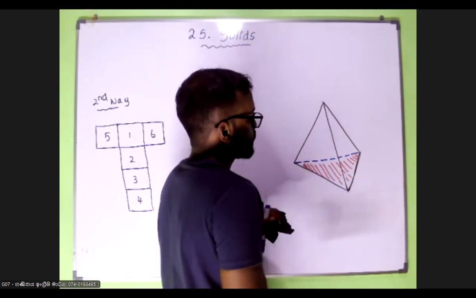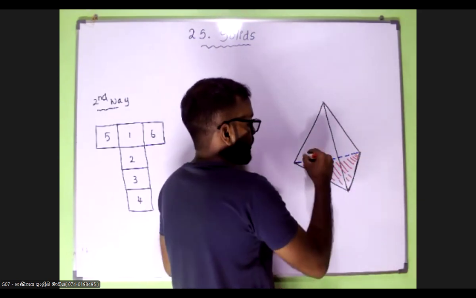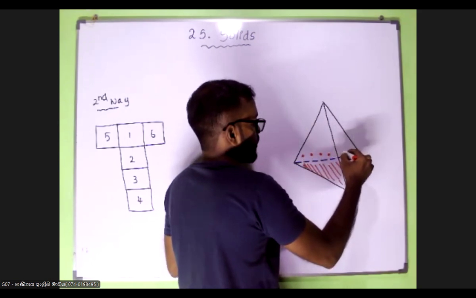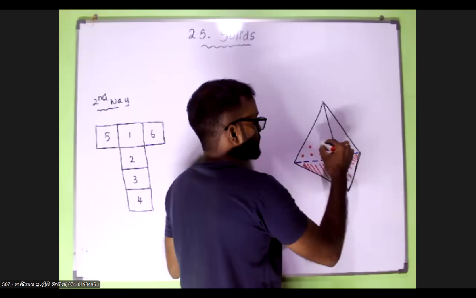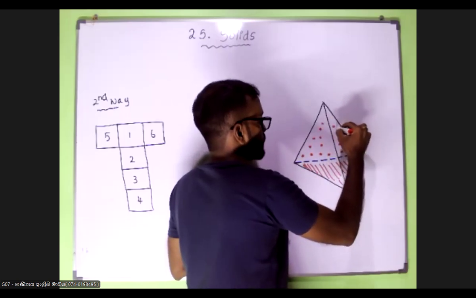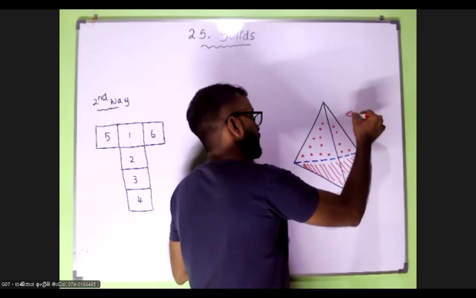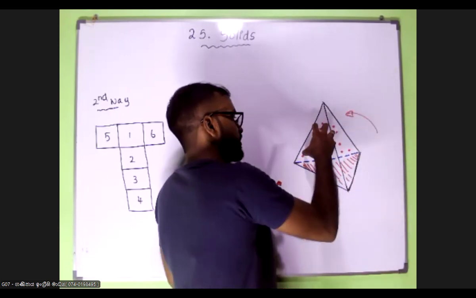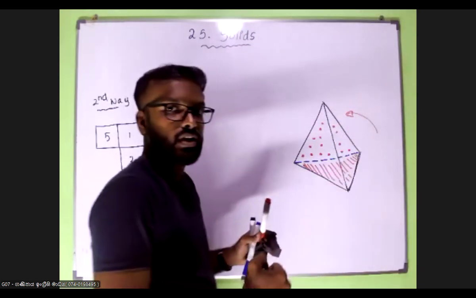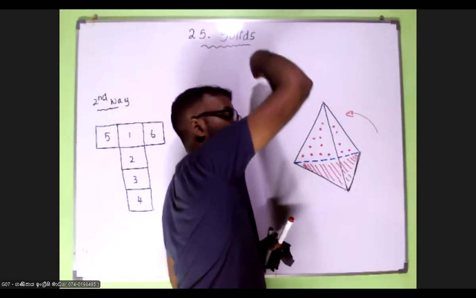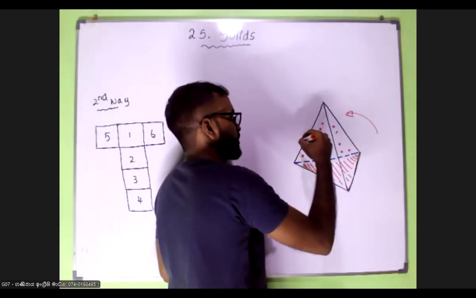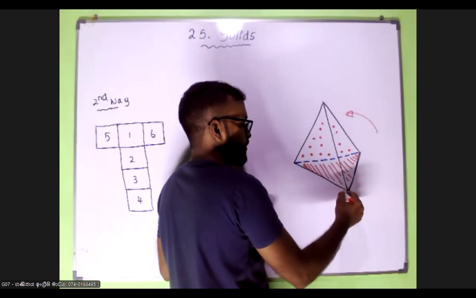And this is the other face that I cannot see on this side. Here in front I have one face, and on this side I have 2 faces, and below I have another face.